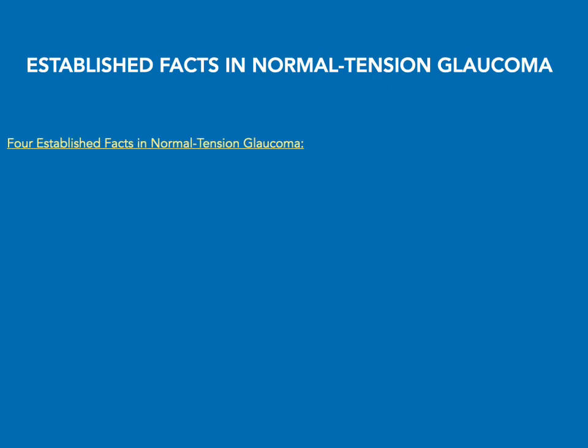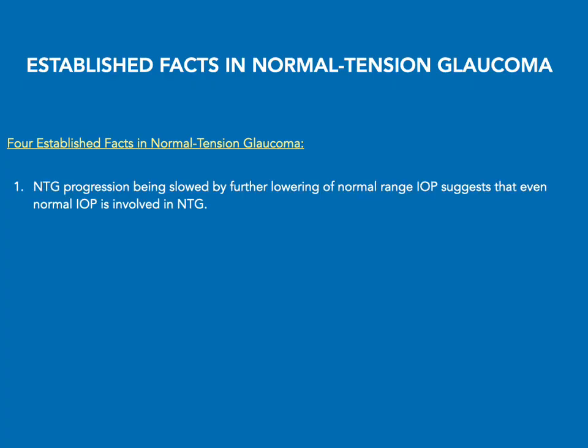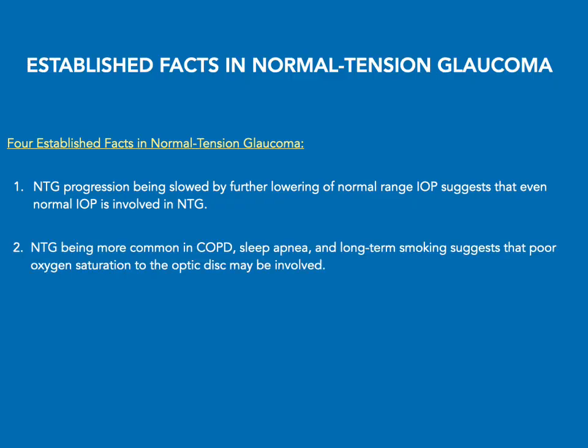There are at least 4 established facts in normal tension glaucoma. Number 1, NTG progression being slowed by further lowering of normal range IOP suggests that even normal IOP is involved in NTG. Number 2, NTG being more common in COPD, sleep apnea, and long-term smoking suggests that poor oxygen saturation to the optic disc may be involved.